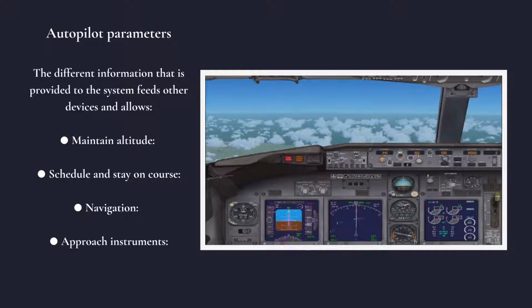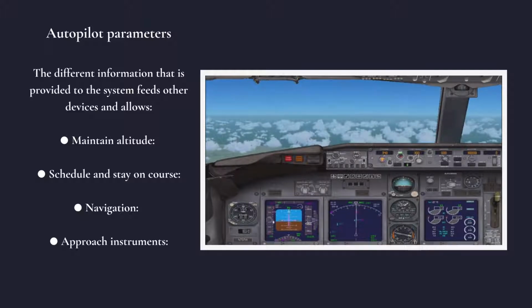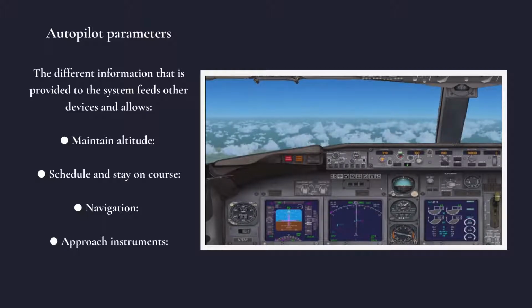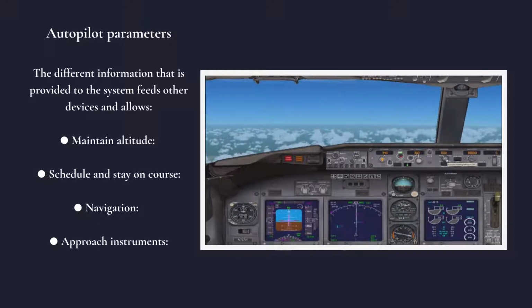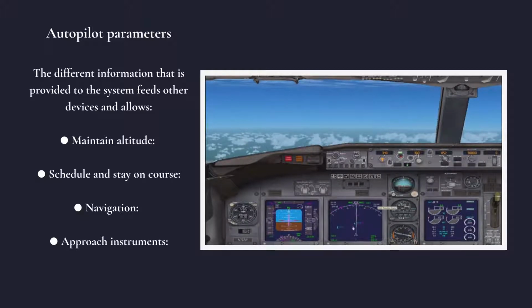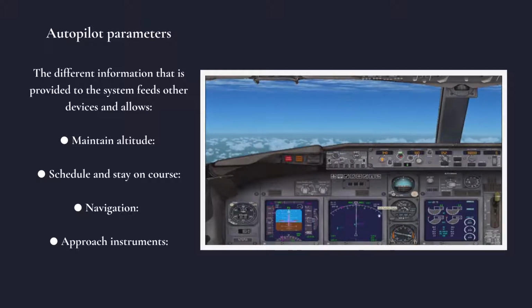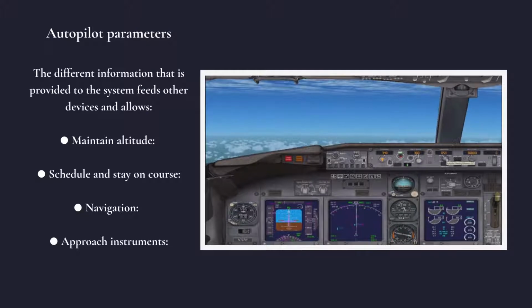All this reduces the possibility of errors that could occur while flying manually and is a great support to the pilots once programmed by the pilot. It marks the route followed in the same way that a car's GPS does.